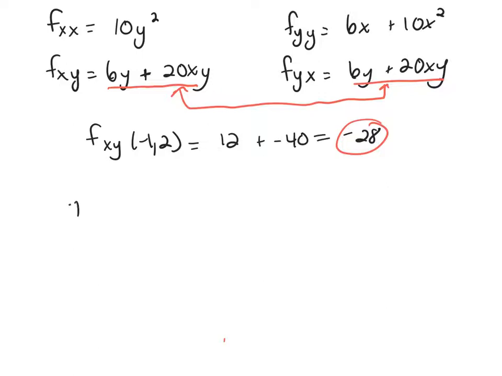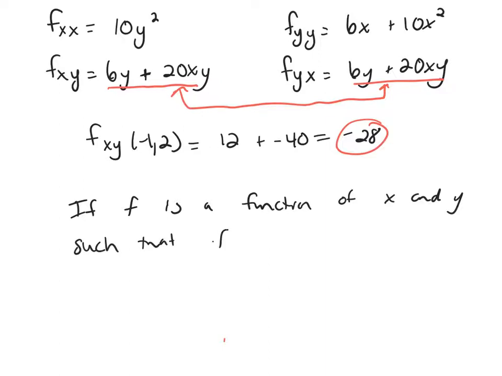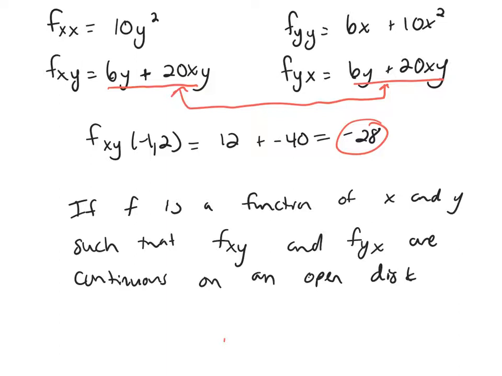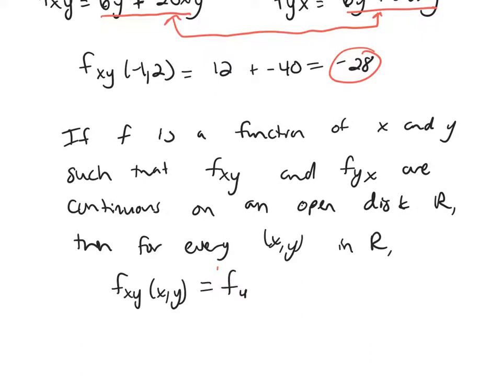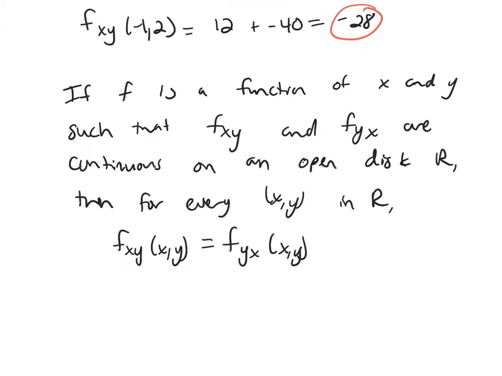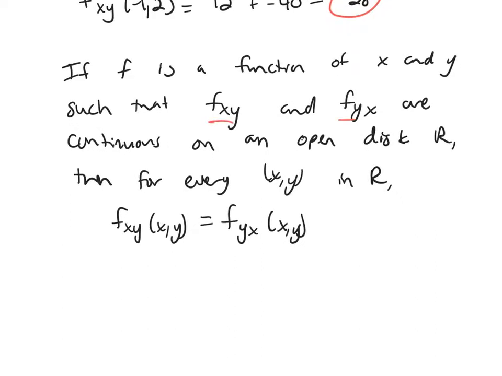And so that's actually what happens if your function f is a function of x and y such that fxy and fyx are continuous on an open disk R, then for every x, y in R, fxy equals fyx. So the functions in our last example were polynomials, which are continuous everywhere. And so that's exactly why they were equal.